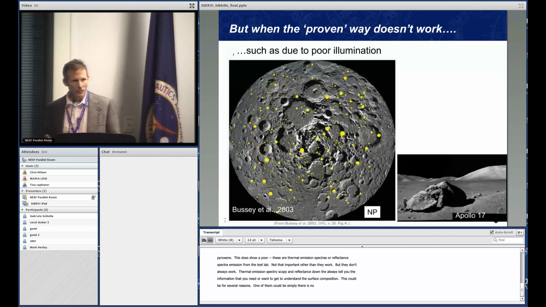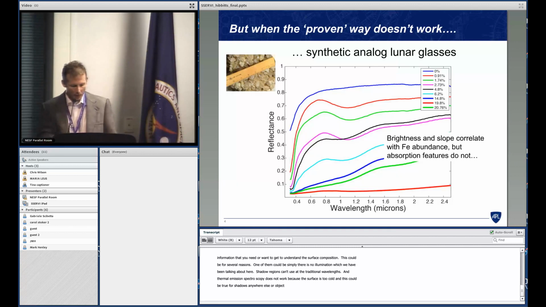At the lunar poles, where permanently shadowed regions clearly can't use reflectance spectroscopy at the traditional wavelengths, the sun doesn't shine there. And thermal emission spectroscopy doesn't work because the surfaces are too cold. And this could be true also for shadows anywhere else, or for objects far in the outer solar system where the sunlight's very dim.